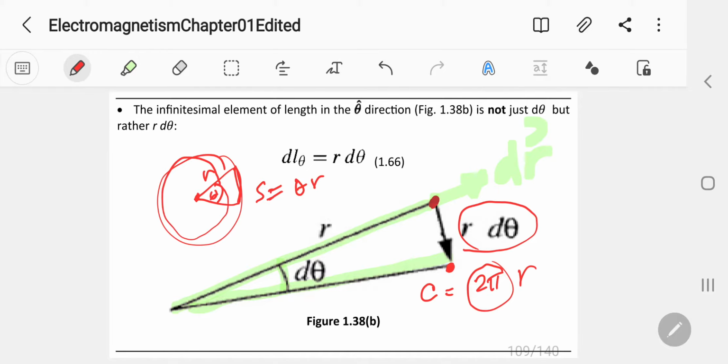So in general, the infinitesimal displacement dl in the spherical coordinate system is this one here, with the components in the spherical coordinate system. But of course, dl would be dx x hat plus dy y hat plus dz z hat in the rectangular coordinate system, while this one is in spherical form.